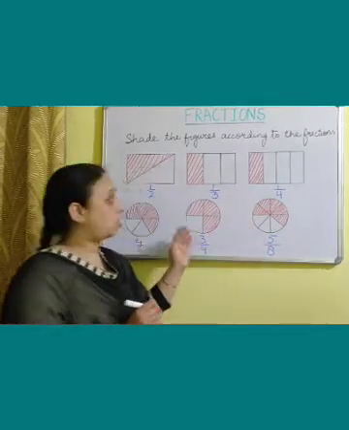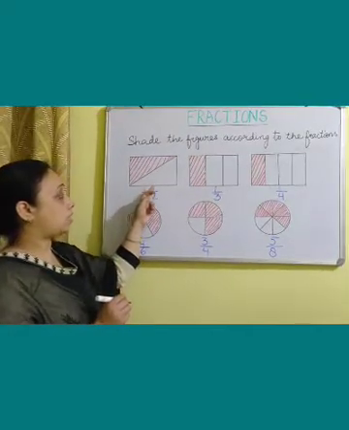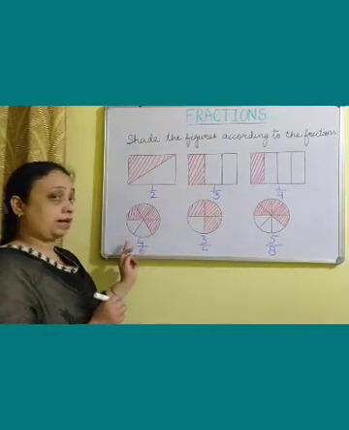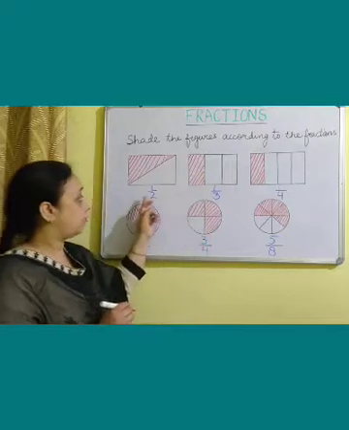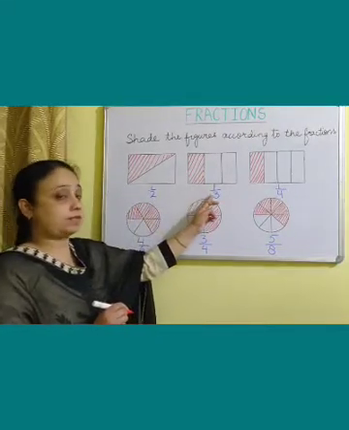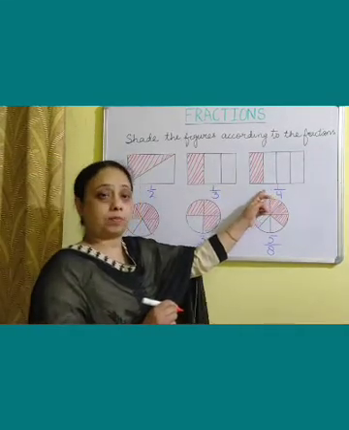So what you have noticed here is that you have to shade the number of parts which are given above the line. And the total number of parts in which the figure is divided into is given below the line. Here it is divided into 2 parts. Here it is divided into 3 equal parts. Here this figure is divided into 4 equal parts.